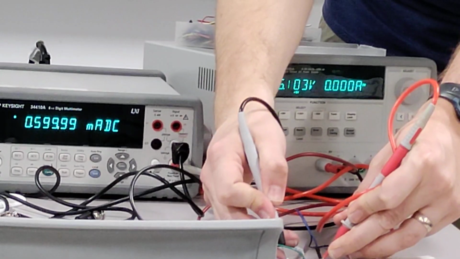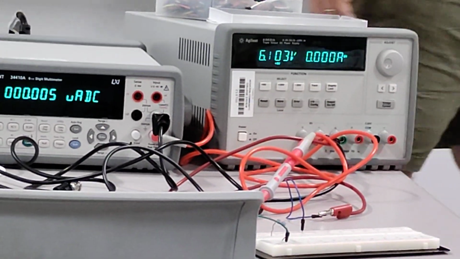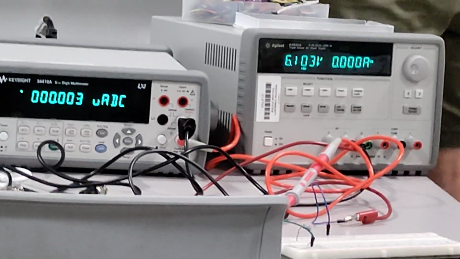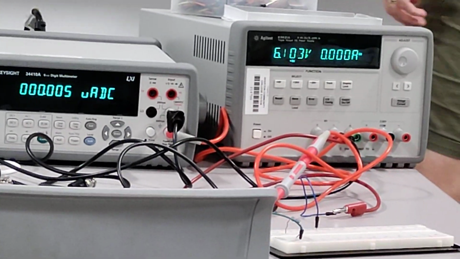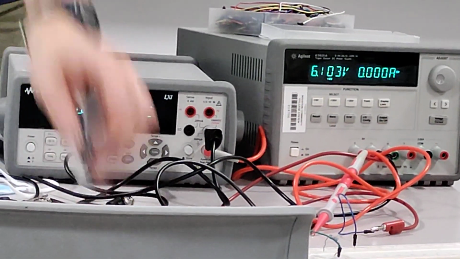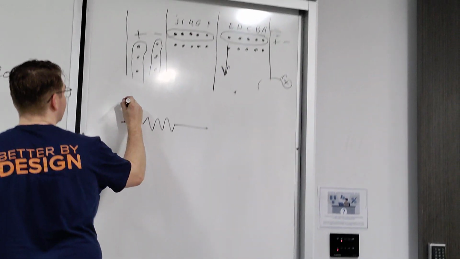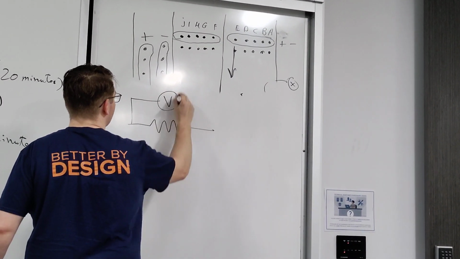What's important to remember is that when you're talking about measuring voltage, you're going to measure voltage across something. So, slightly prettier, you're going to measure voltage like this. We'll call this a voltmeter.